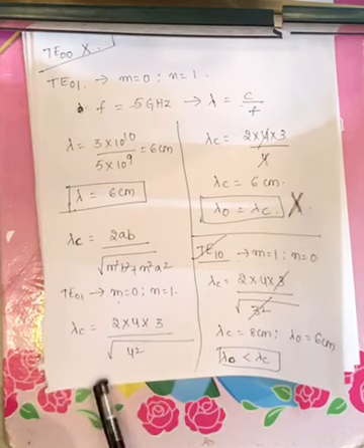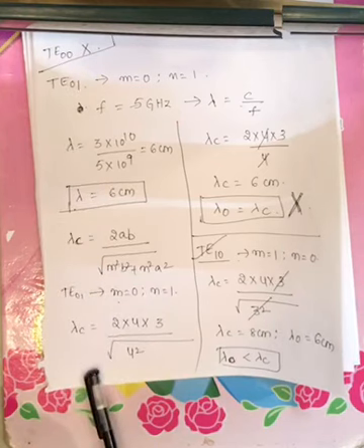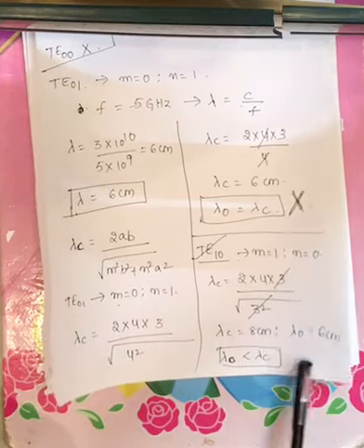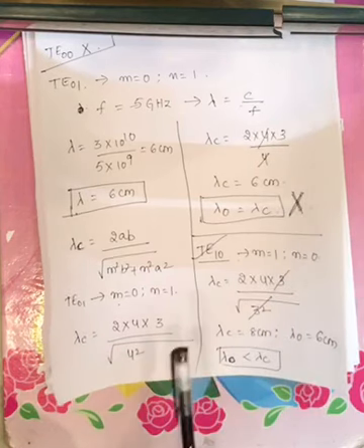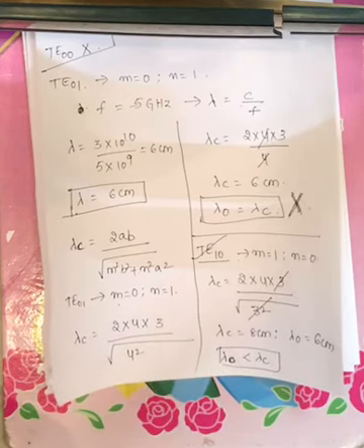You have to check the relation between free space wavelength and cutoff wavelength. If free space wavelength is less than cutoff wavelength, then that particular mode is allowed to pass through the waveguide, right? This is how to find out different modes. Like this you can calculate different modes that are allowed through this particular waveguide, right?